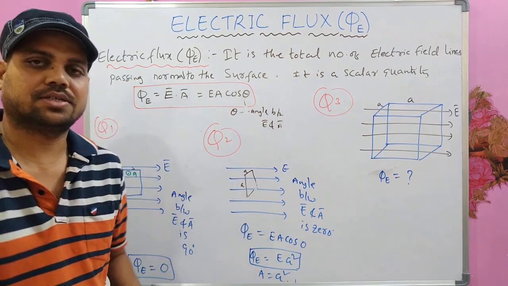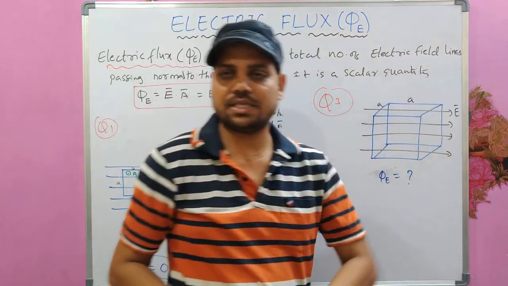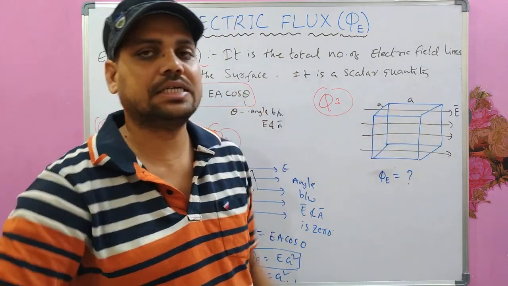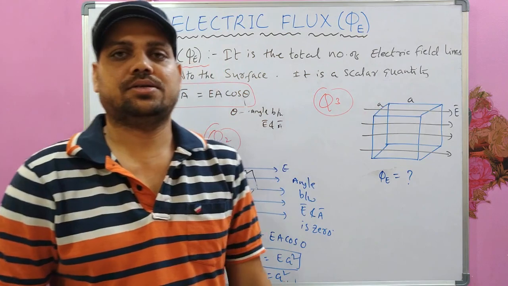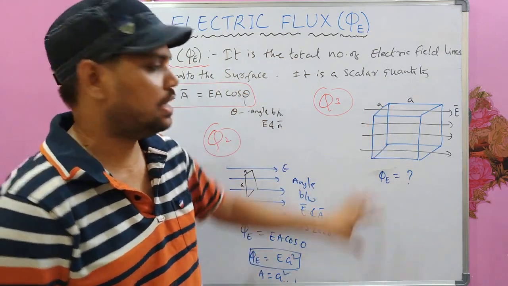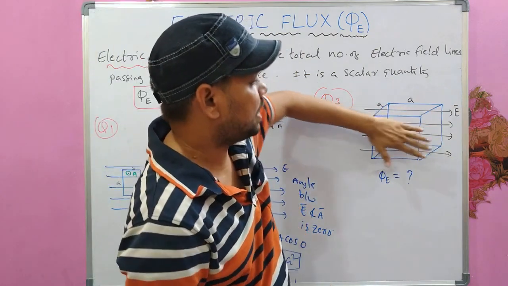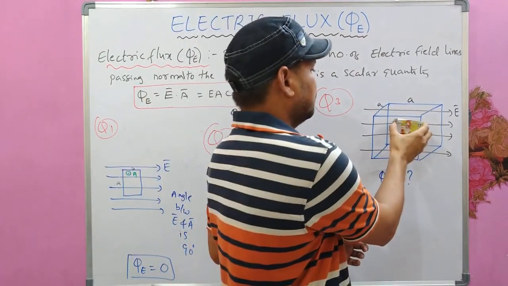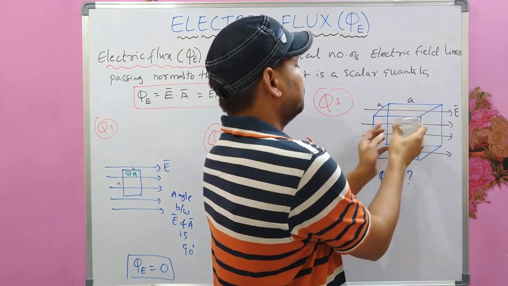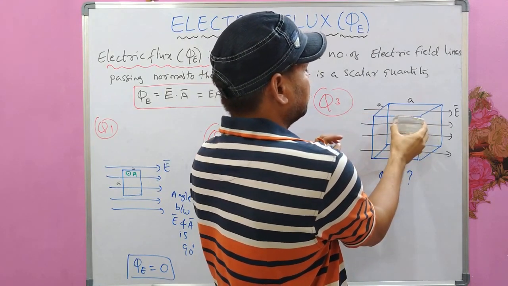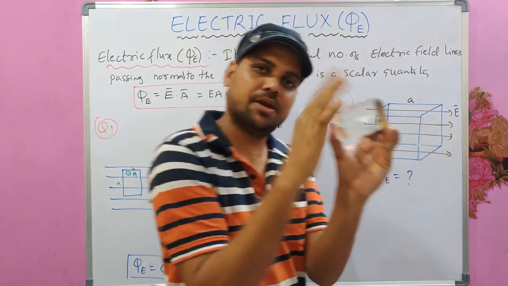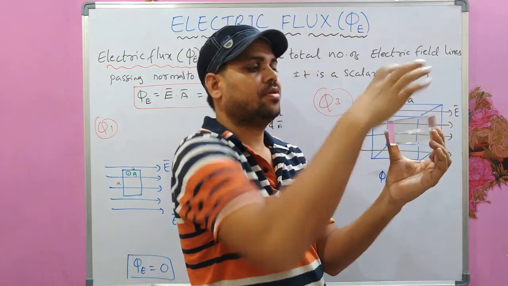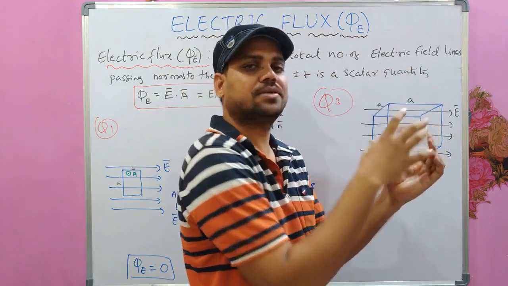So that was an open surface. Now if I take one closed surface like a cube, then how do we find out the flux linked to this surface placed in an electric field? Again, I have taken the electric field direction in this way, and a cube is placed like this. This may not look like a cube, but imagine it, it has 6 faces: 1, 2, 3, 4, 5, 6.